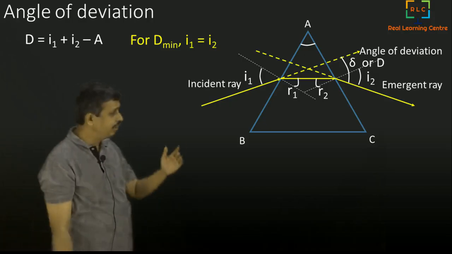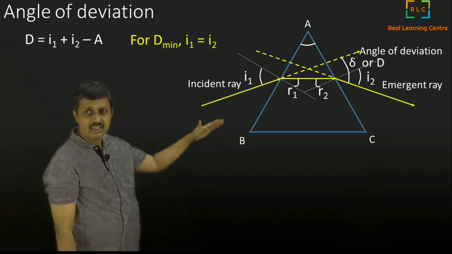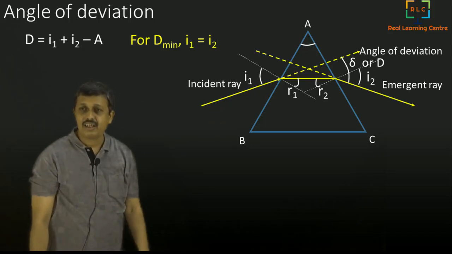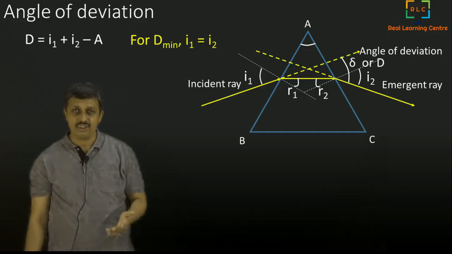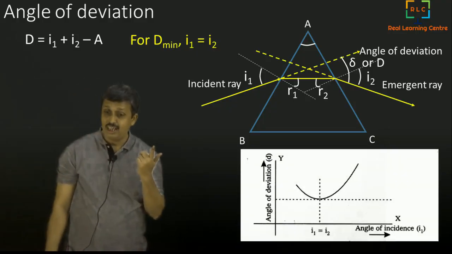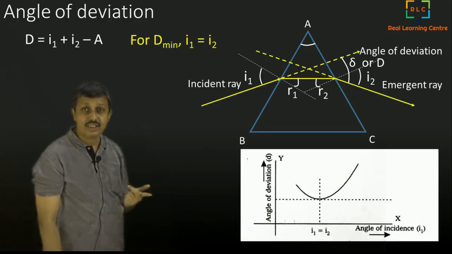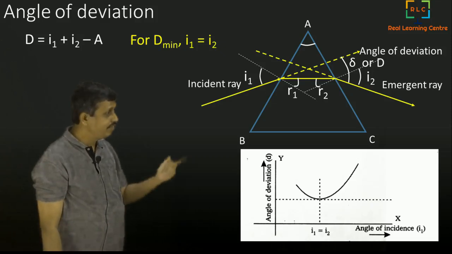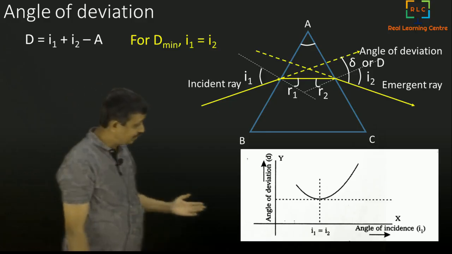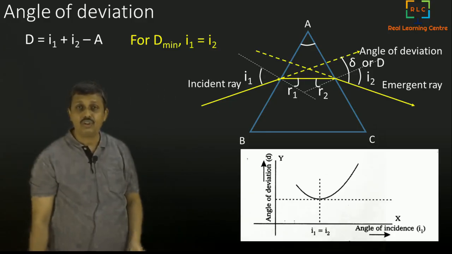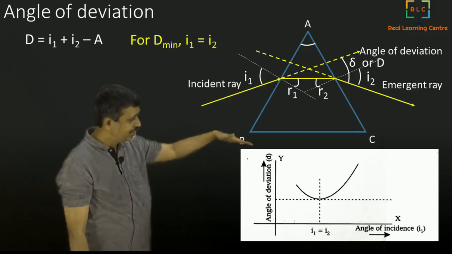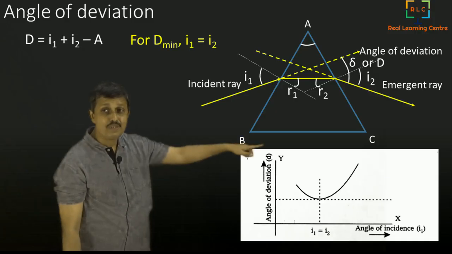That means if you take I1 and increase it from 0, keep on varying it, then the angle of deviation will go on reducing and it reaches a minimum value. I am plotting here the angle of deviation on the y-axis and the angle of incidence on the x-axis. As you go further and further, the angle of deviation decreases, and at a point the angle of deviation is minimum.